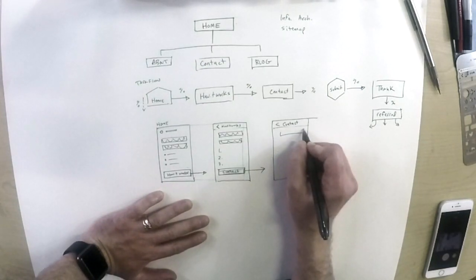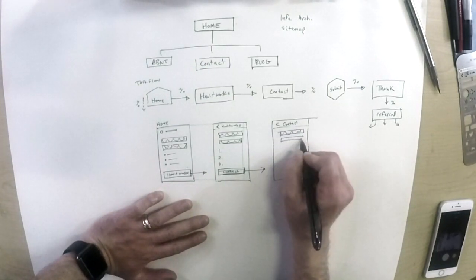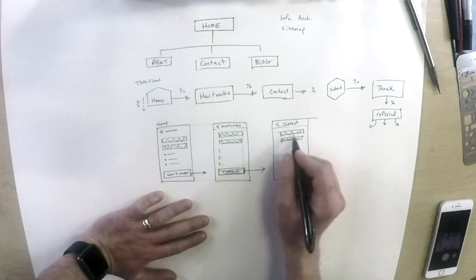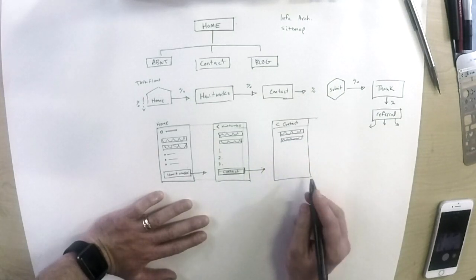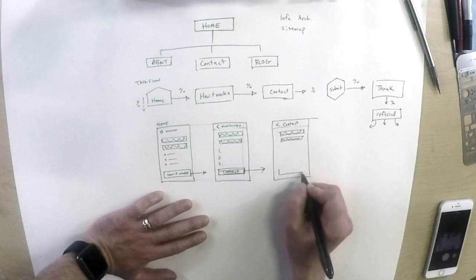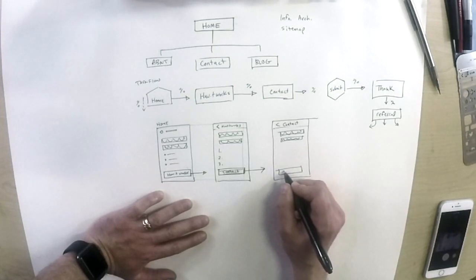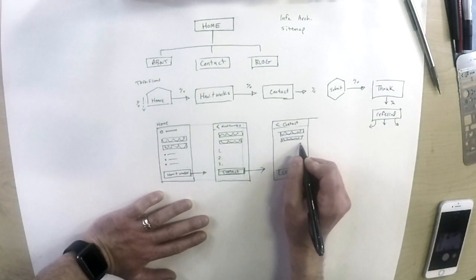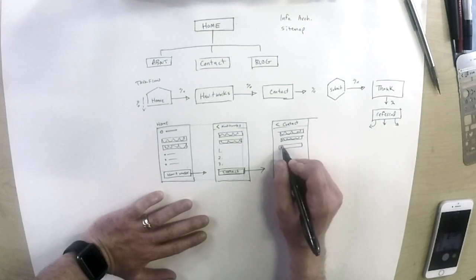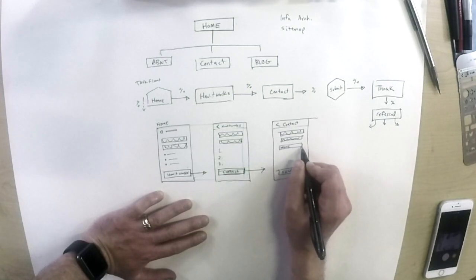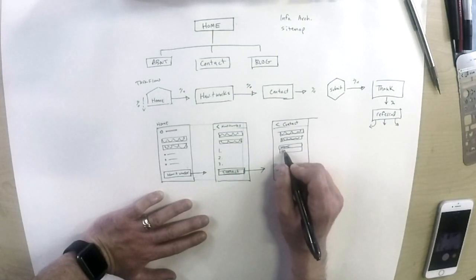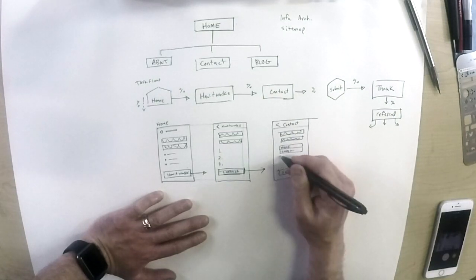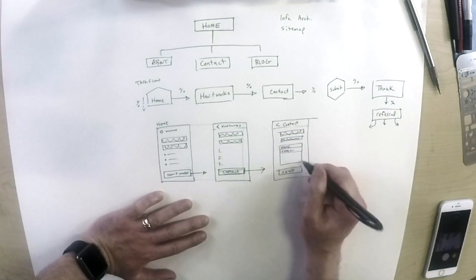So again, I'll have some kind of really great headline, value proposition. Why am I filling this form out? Down here, I'm going to have the send button or submit button, and in here I'll have 3 form fields: name, email, and message.